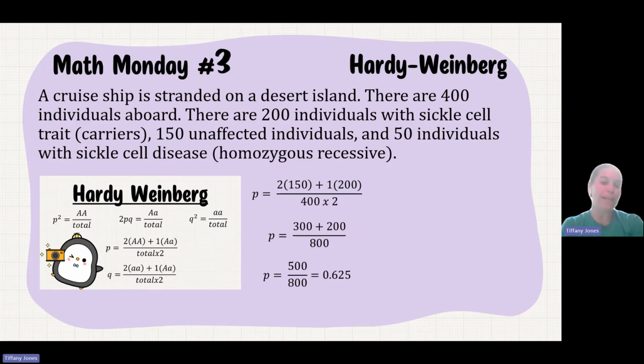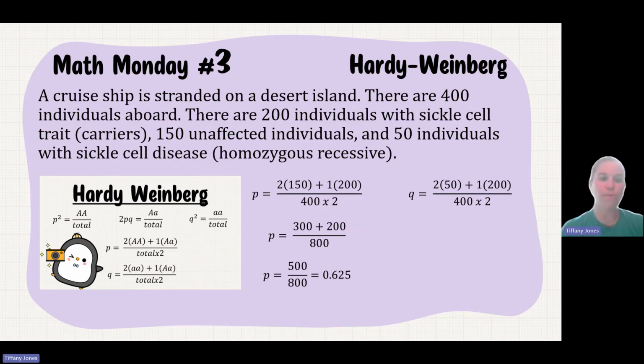Now, you could go ahead and say 1 minus 0.625 to get your Q, because the Hardy-Weinberg equilibrium formulas we learned last time will work once you've counted one of them. But just to make sure that you didn't make a math error, I would solve for the other one. So Q is going to be the number of individuals that are homozygous recessive times 2, plus the number of individuals that are heterozygous, divided by my total times 2.